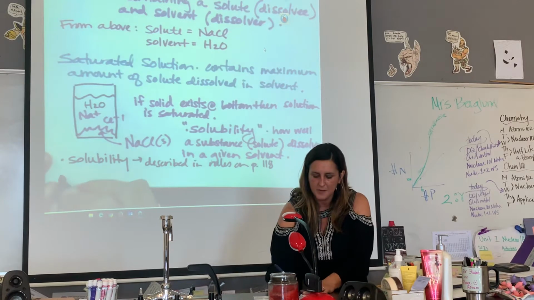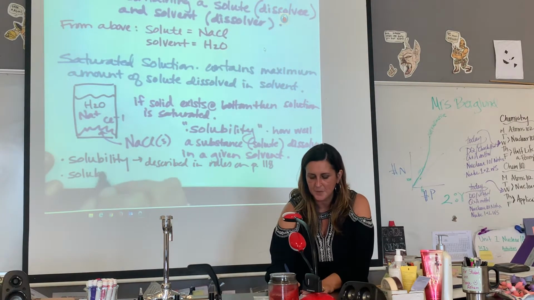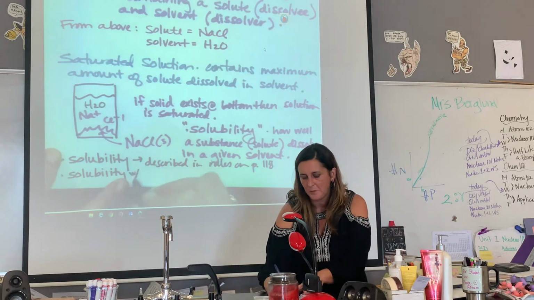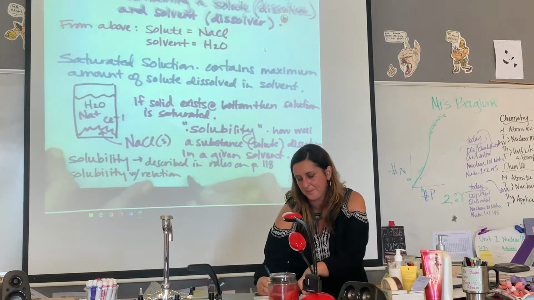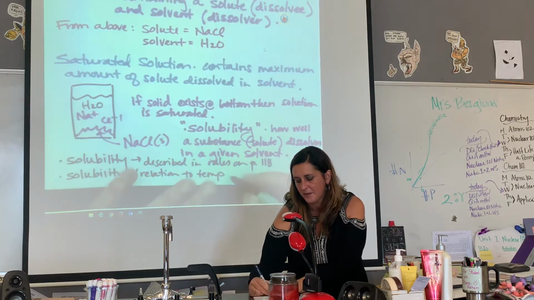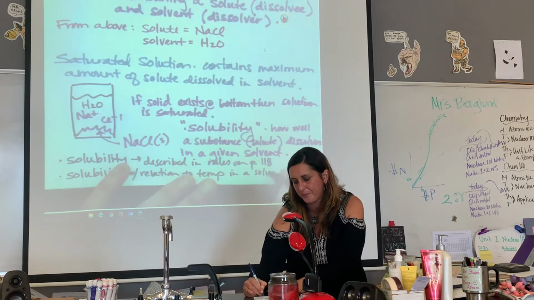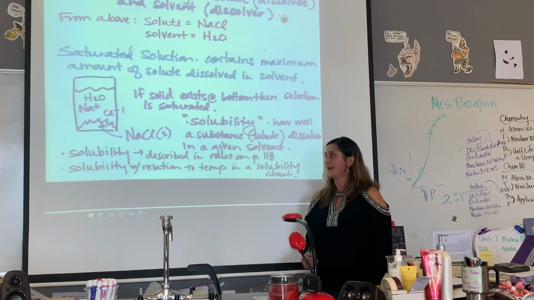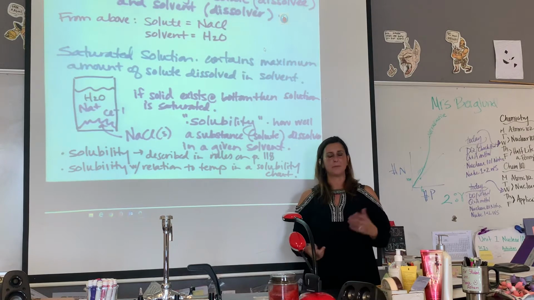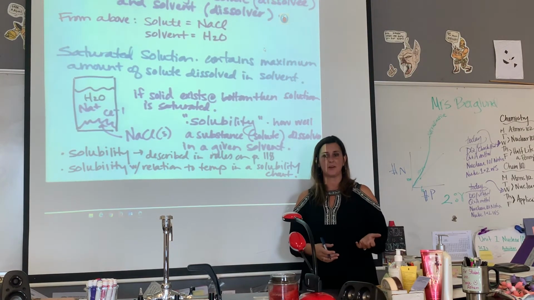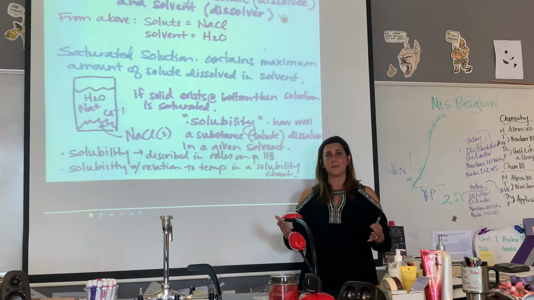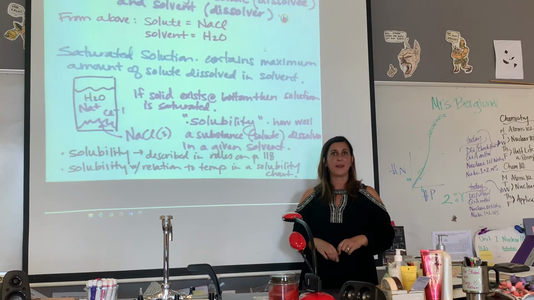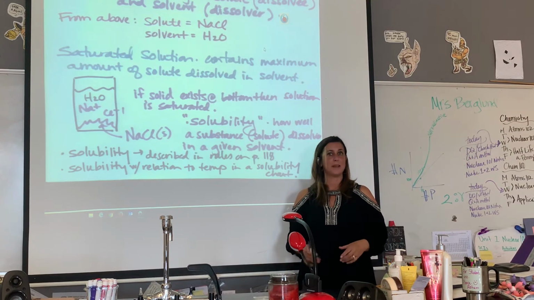And then you can also look at solubility in relation to temperature in a solubility chart. A solubility chart just shows something's solubility in relation to temperature. For solids, it generally goes up as you increase the temperature. And for gases, the solubility of gases tends to go down with temperature. And we'll get more to that as we go with solutions.